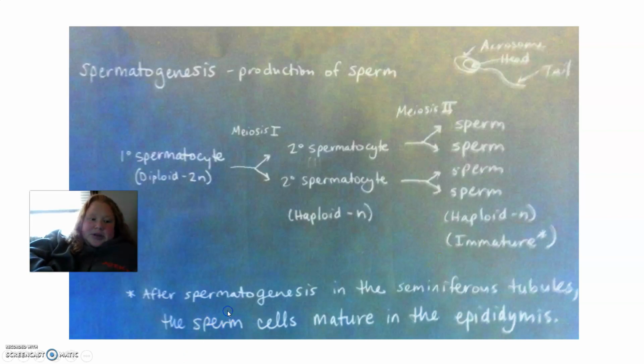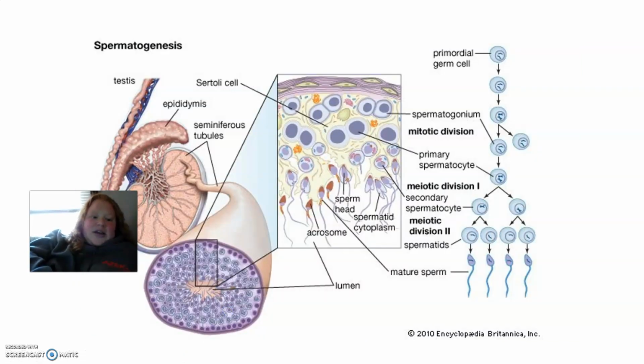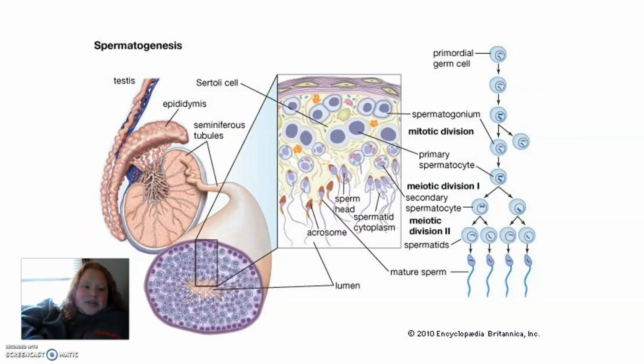Okay, so if I look at this in a testicle, the seminiferous tubules are here inside of the testicle, and then the epididymis is at the top, and that goes out into the urethra and then out of the body.